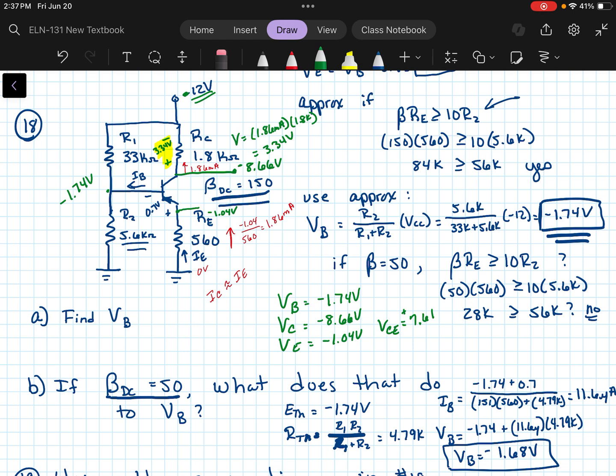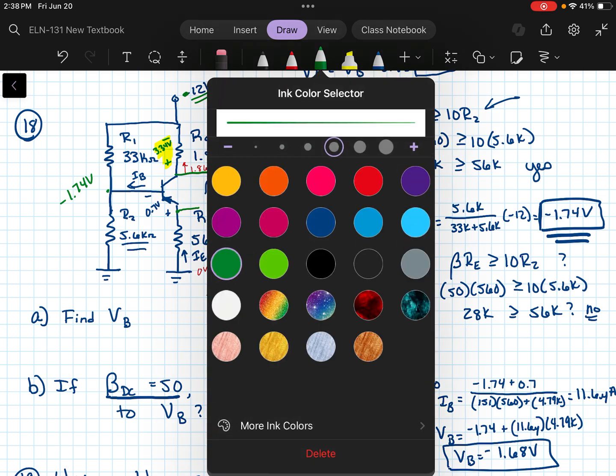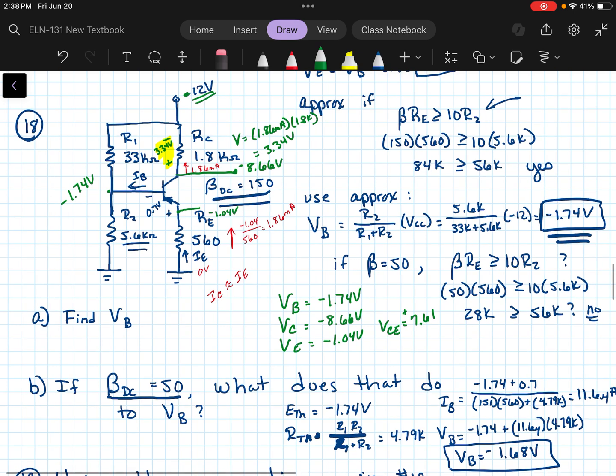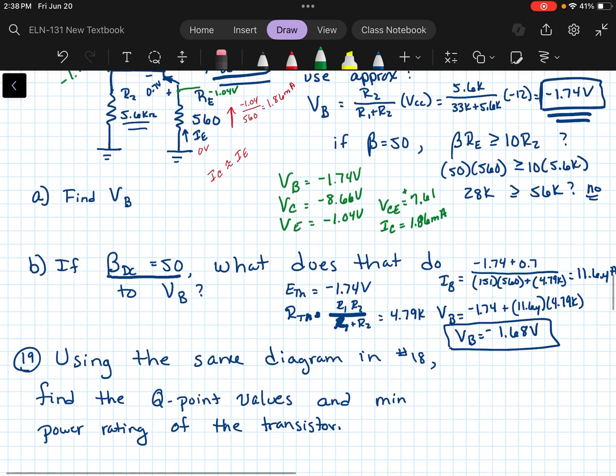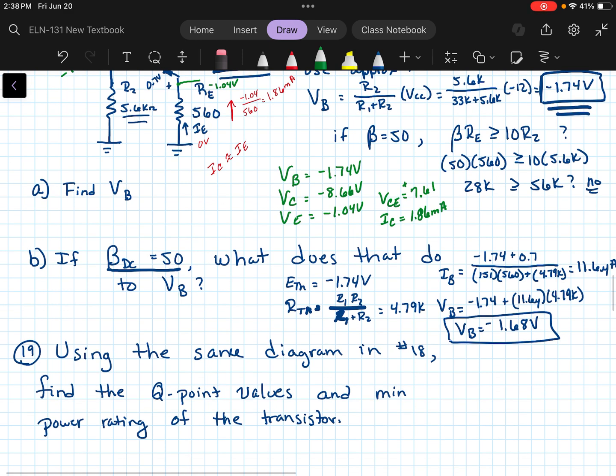So we're going to say 7.61 there. And the IC, of course, we just said we're going to estimate it to be the same as IE, or about 1.86 milliamps. Okay. And the minimum power rating.